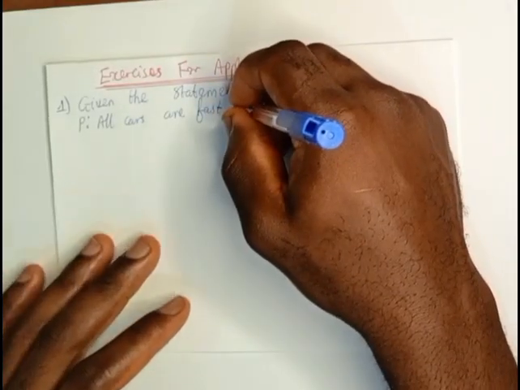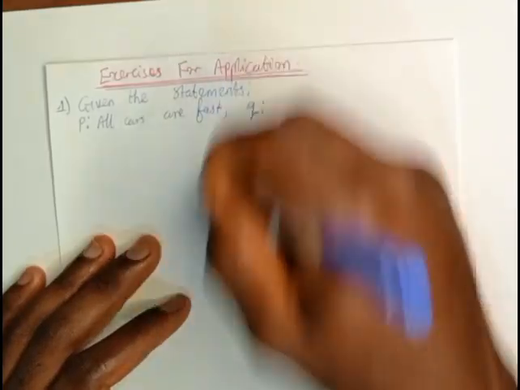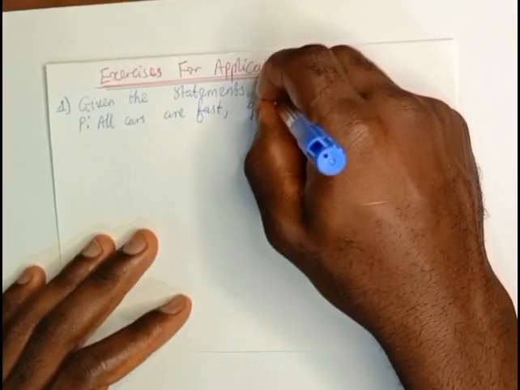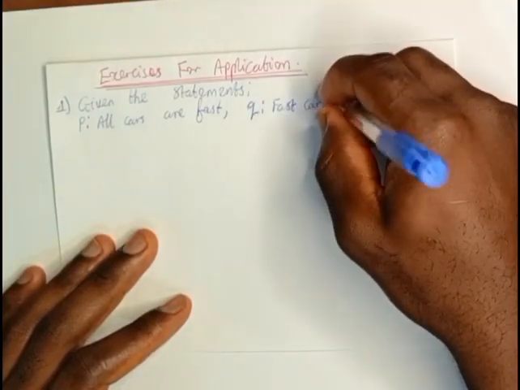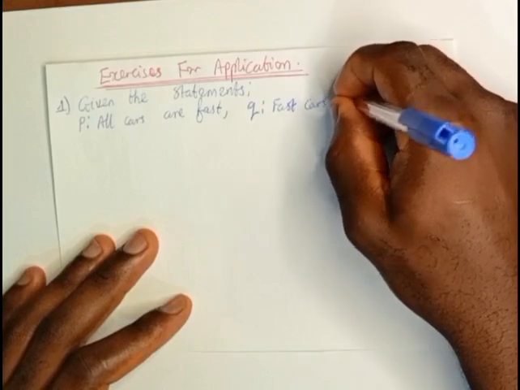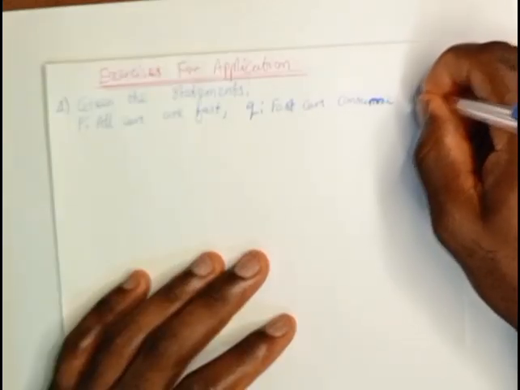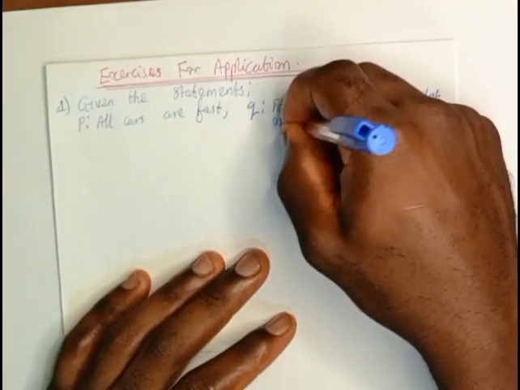For Q we have the statement: fast cars consume a lot of fuel.